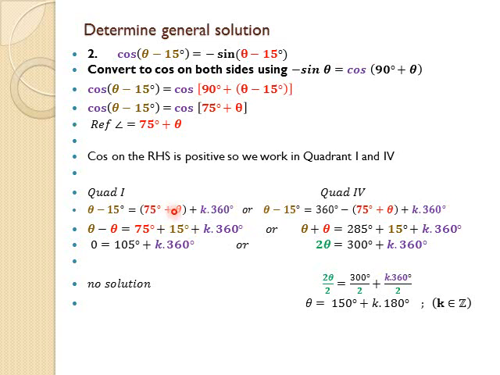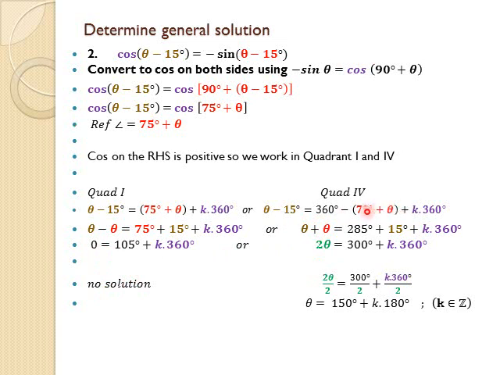Now if I simplify, positive theta, if I take it over, would become negative theta. There's 75; I bring negative over, plus 15 plus k times 360. 75 plus 15 would give me, let's see, 80, 90, not 105. So that should read 90 plus k times 360. Okay, but I've made an error there. It's 0. Please forgive me for that error, but that should read 90 plus k times 360 equals 0, and it has no solution.